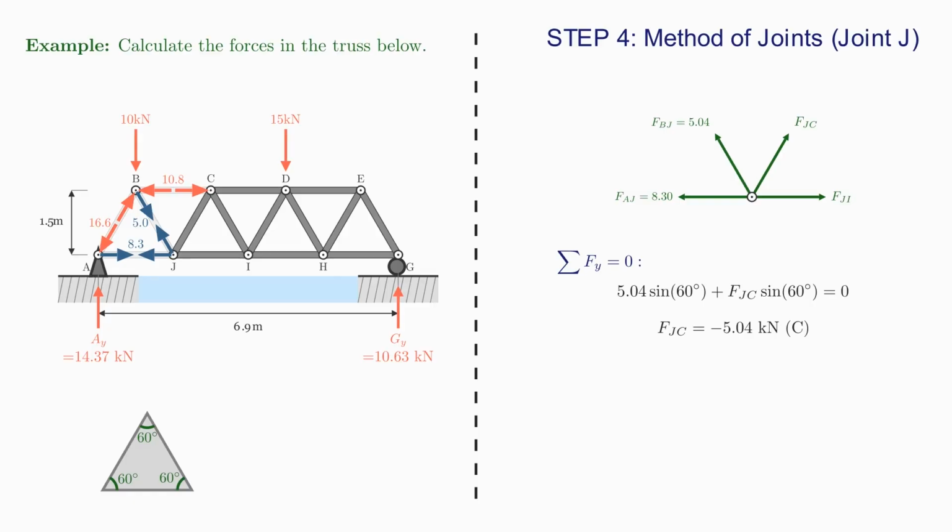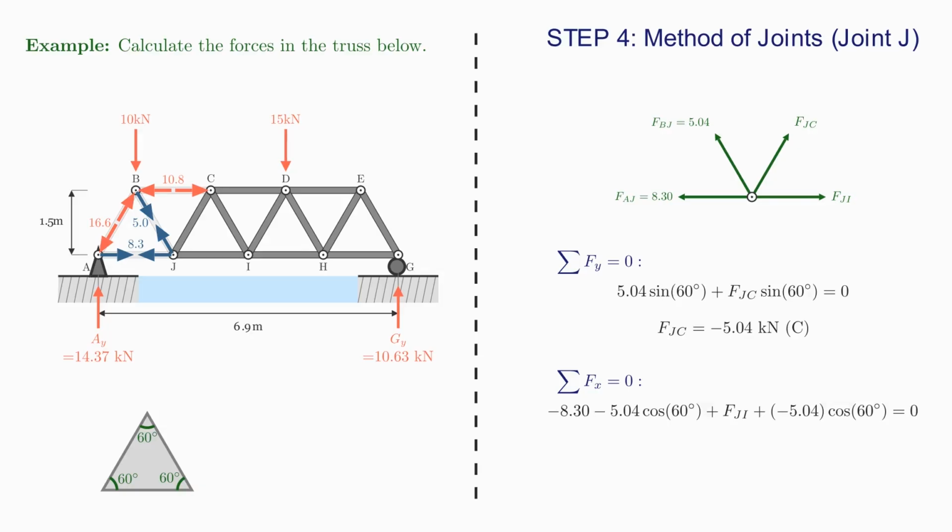Then taking the sum in the horizontal direction and adding these up to 0. This gives me minus 8.3 as it acts to the left, minus 5.04 cos 60 as this acts to the left, then adding the components to the right, FJI, and also FJC, which I know is minus 5.04, multiplied by cos 60, and equating these to 0.